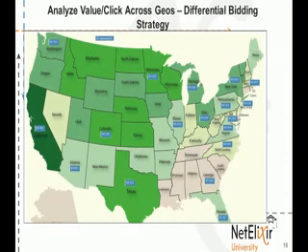If you are able to get a higher value per click for a visitor who is coming from Ohio, why should you not look at a bidding strategy which allocates a higher budget to that particular area, because you can theoretically afford to spend more since you are getting a higher value customer.